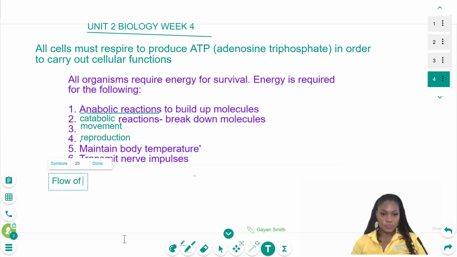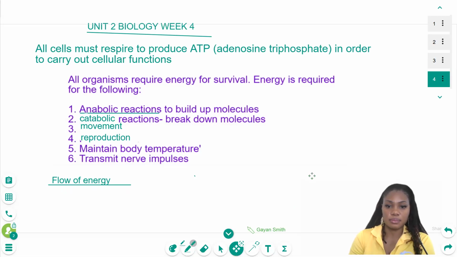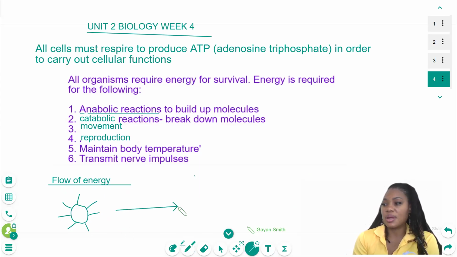So I'm going to look at how energy flows. The ultimate source of energy is the sun, which provides us with solar energy.